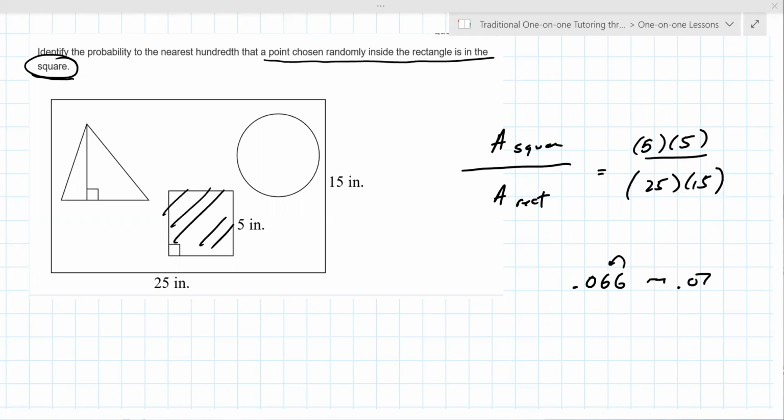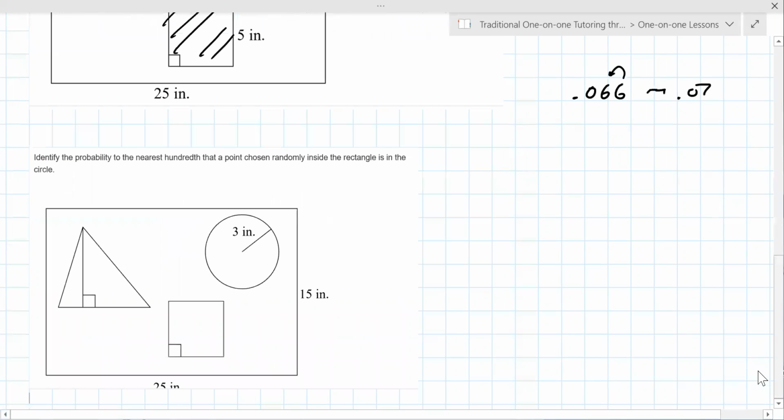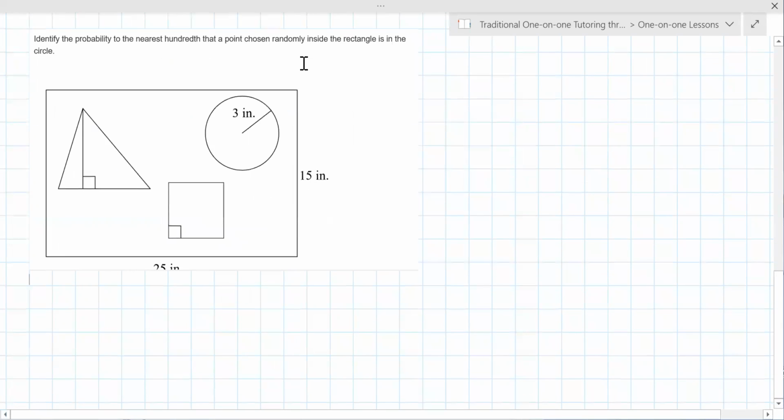So this one's really similar. Let me grab it. Just trying to get the snip right. Okay, so this time it wants the randomly chosen point inside the rectangle to be inside the circle. So you need the area of the circle divided by the area of the rectangle.